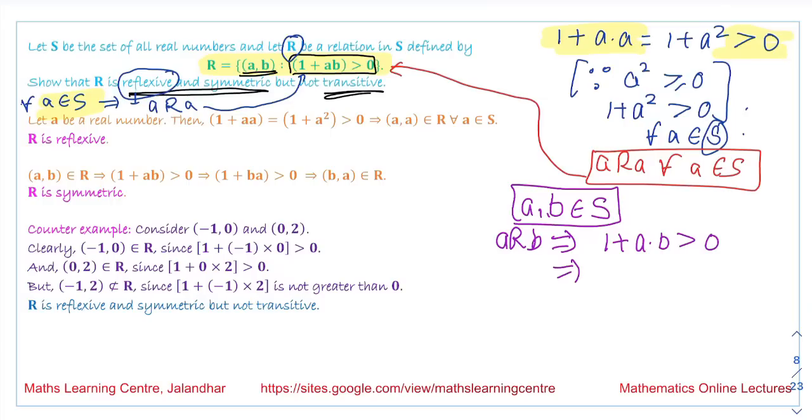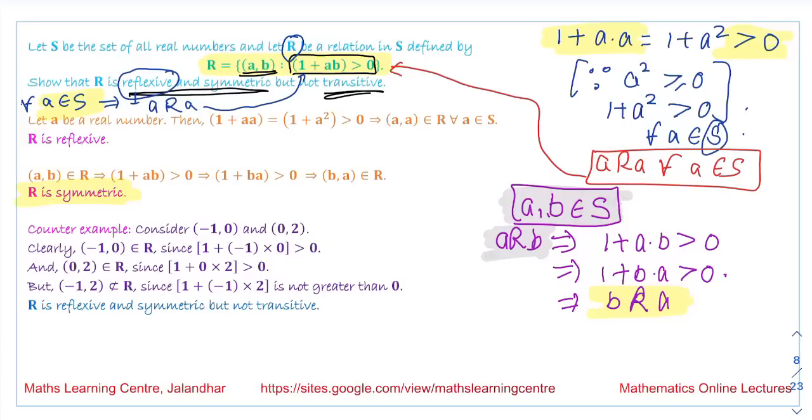This implies, for real numbers, 1 plus B into A is greater than 0, since multiplication is commutative, and this implies that B is related to A. So for all A, B belongs to S such that A is related to B, this implies B is related to A. It means the relation R is symmetric.